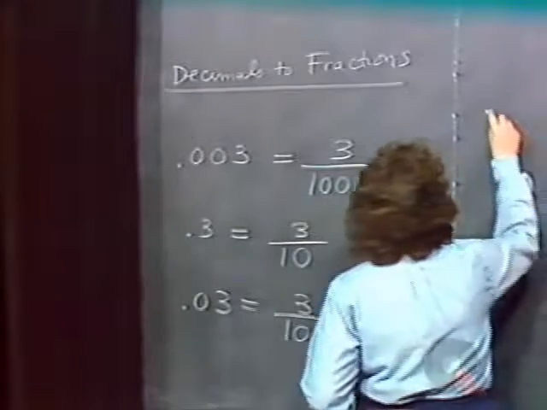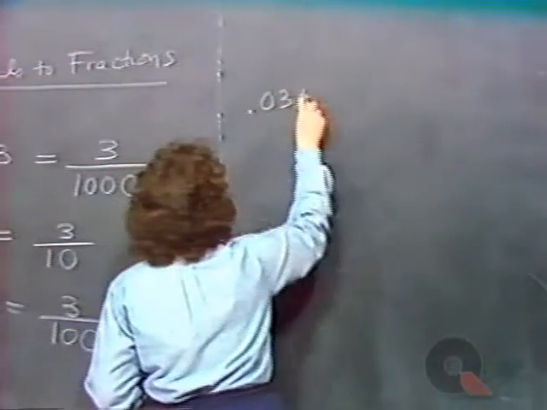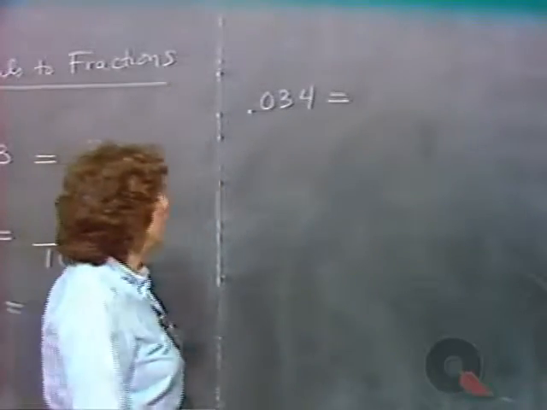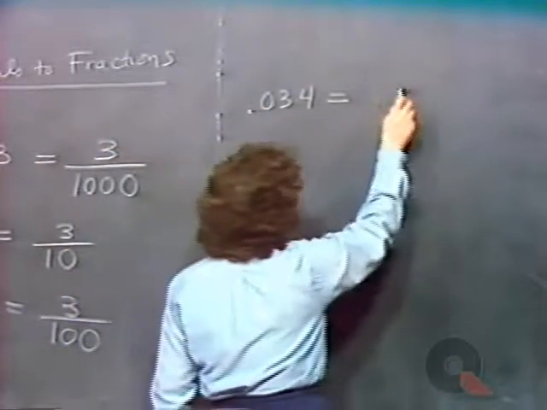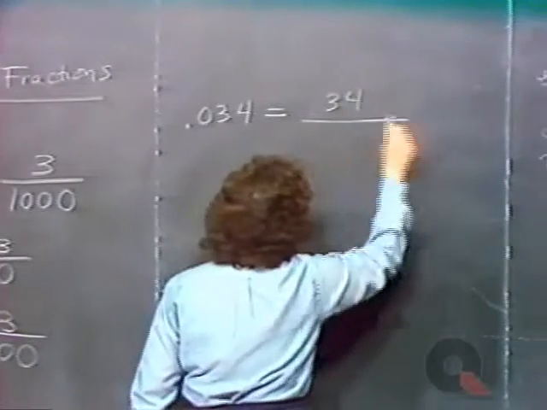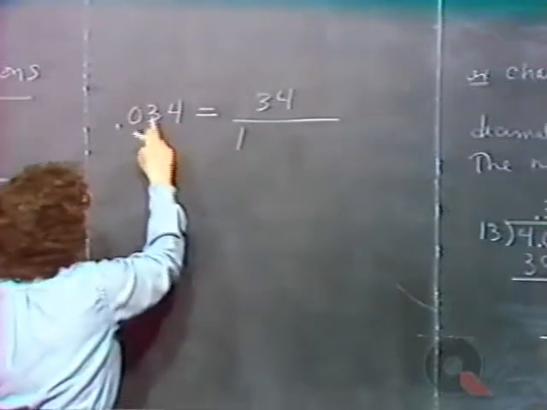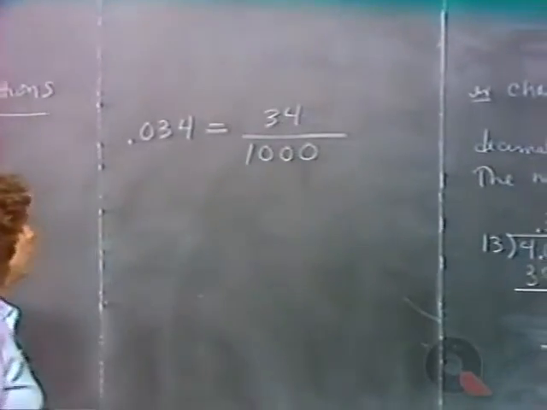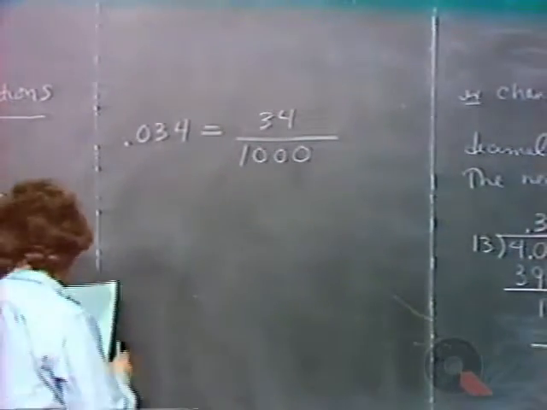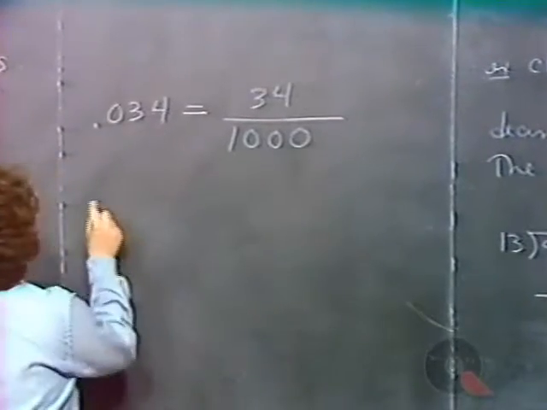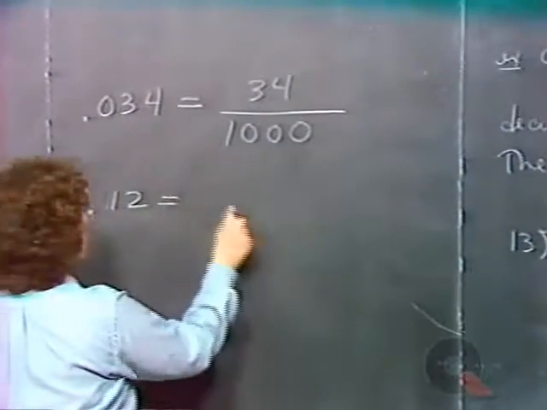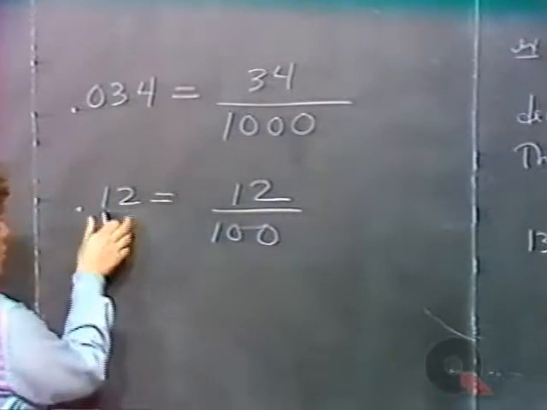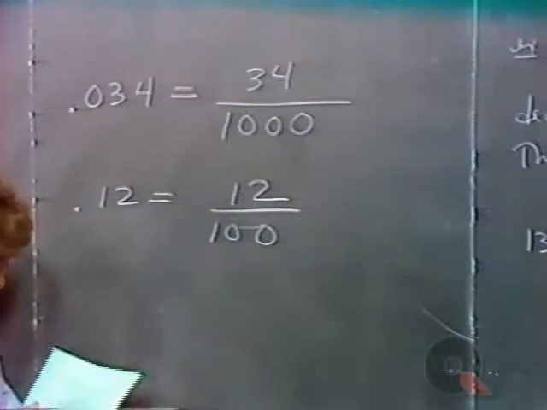0.034, we would write this as, once again, ignore the decimal. The number is 34 divided by 1 followed by 1, 2, 3 zeros, 1 for each of the decimal digits, 34 thousandths. 0.12 would be 12 over 100, 12 hundredths, because there are 2 decimal digits.